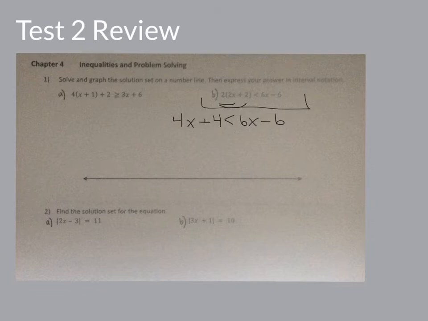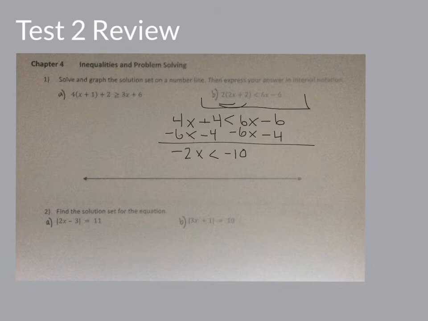Now we want to bring all of the x's to the left side, and we end up with negative 2x. And let's also subtract that 4 to the other side. So negative 2x is less than negative 10.